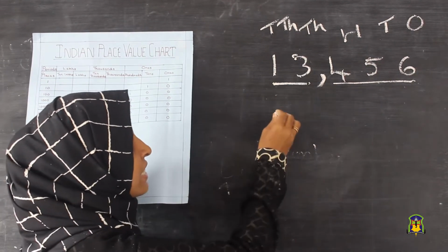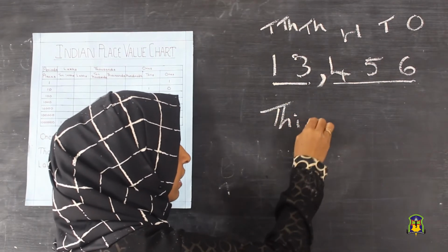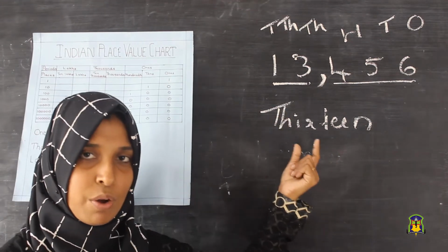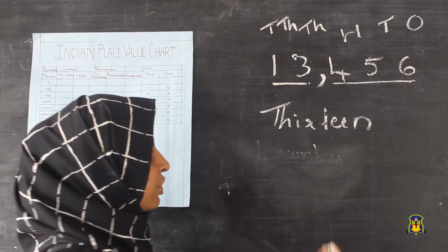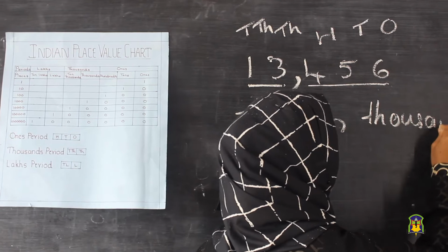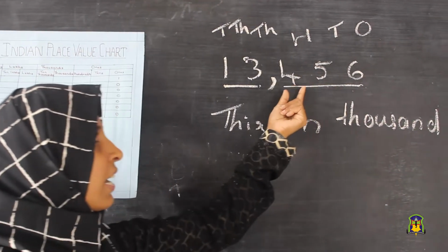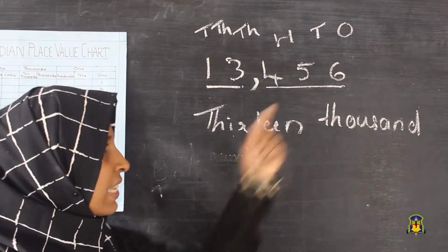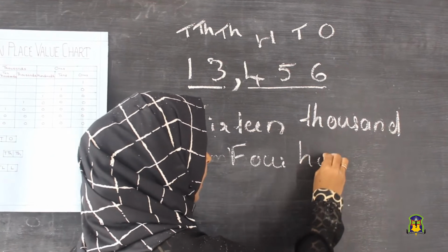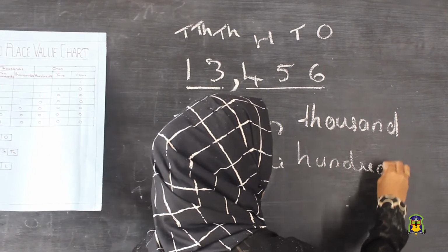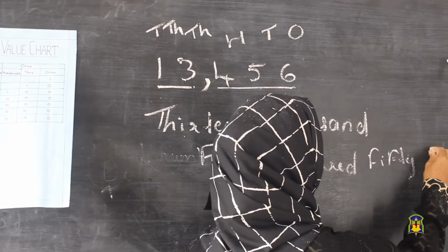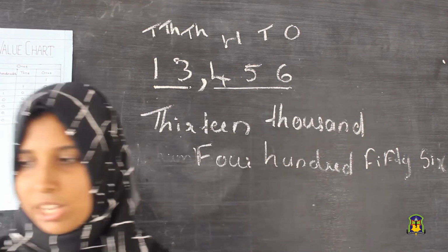So 1, 3 makes 13, and you write the name of the period after. So 13,000. Then here 456. 13,456.